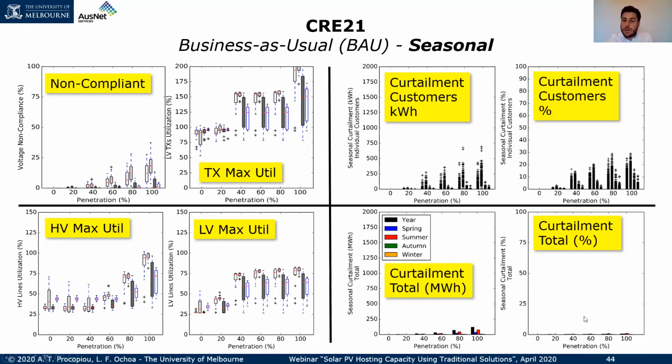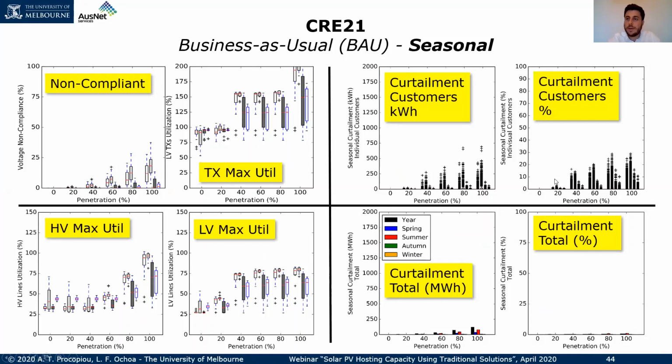If we take the percentage of total curtailment throughout the year, what you can see here is minimal curtailment, which means that we are able to reduce the number of non-compliant customers in terms of voltages without really impacting the customers significantly. We are talking here about around 2% of total curtailment throughout the whole year, which means that it's a significant added value to the customers.